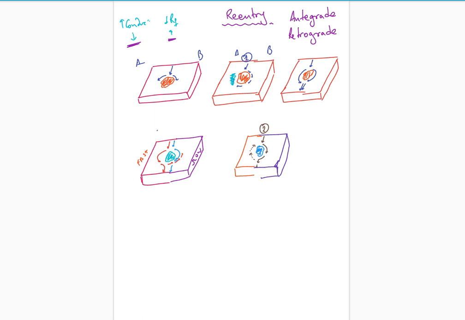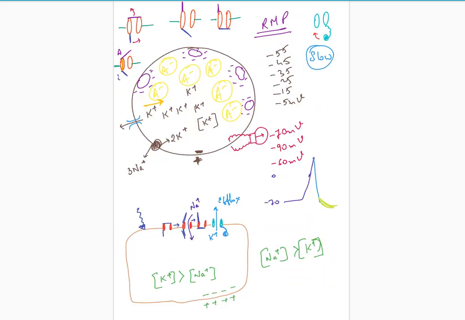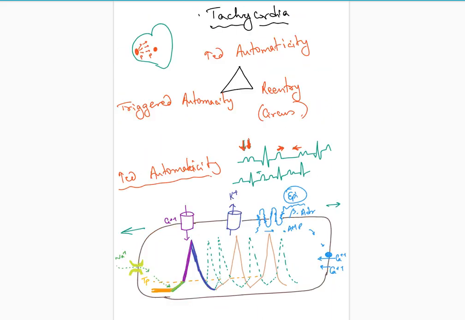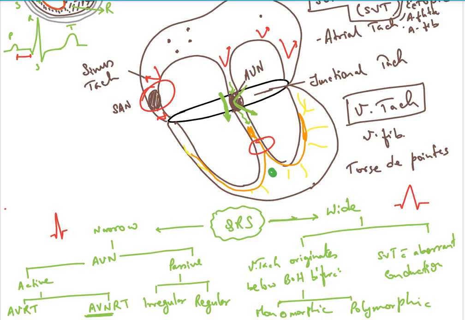I hope you will now have a developed idea of what AV nodal re-entrant tachycardia is. You remember we discussed AVNRT and AVRT. So now I hope you will develop a hunch about what I might be talking about when I say the re-entrant point. So we have to discuss all this.